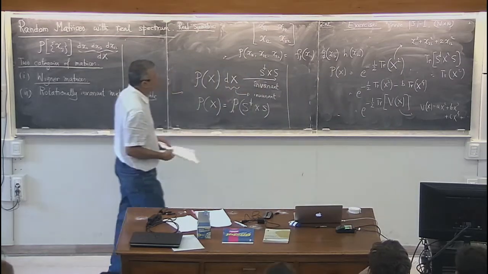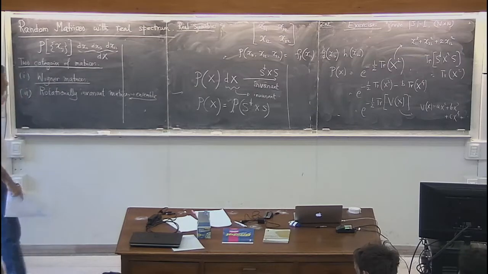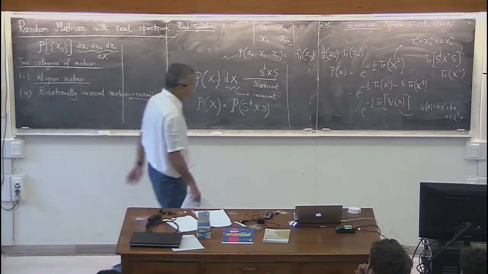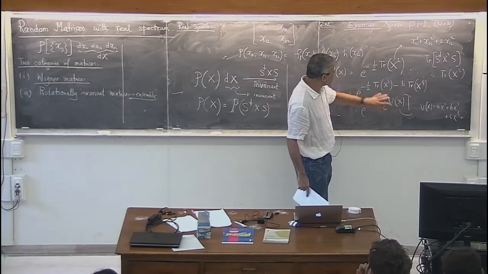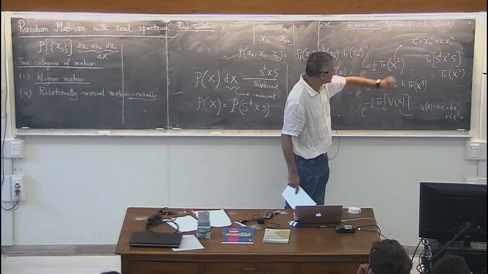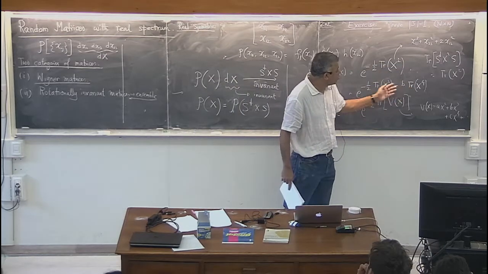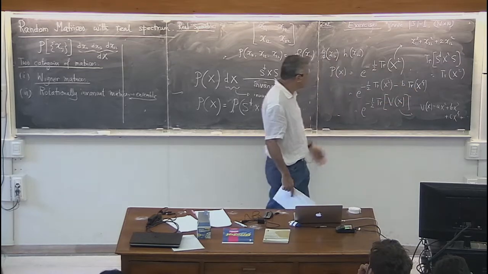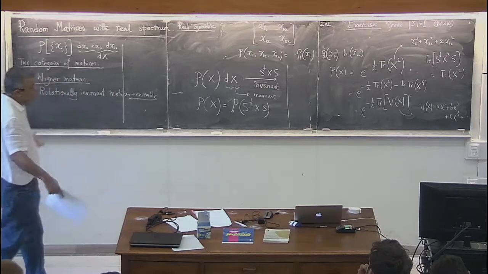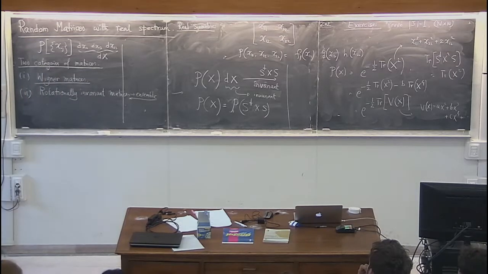In fact, when people study matrix models in high energy physics, in string theory and so on, this is called the matrix potential. This is the weight that you choose. Simplest is the Gaussian, which is just trace x square, but you can have more complicated matrix potentials, which could in general be polynomial potentials.